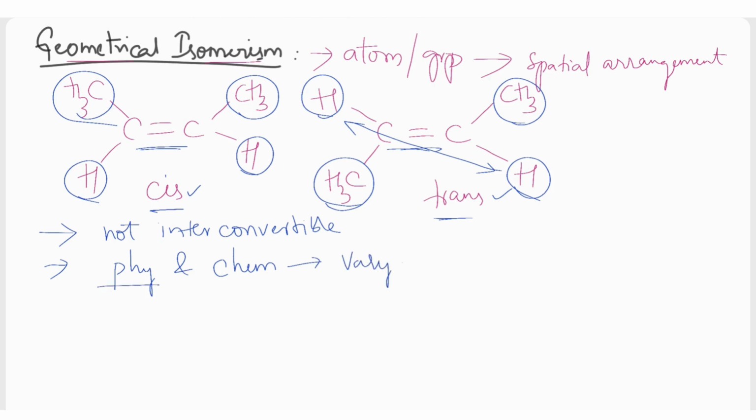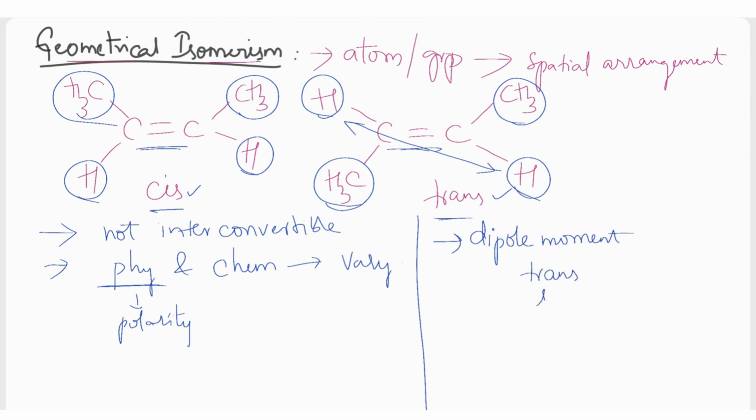Now how much the physical properties vary depends on the polarity of the molecule. As we are discussing polarity, we need to discuss the dipole moment as well. The dipole moment of trans is 0, mu for trans is 0, and for cis mu is not equal to 0, because the same groups are on the same side.